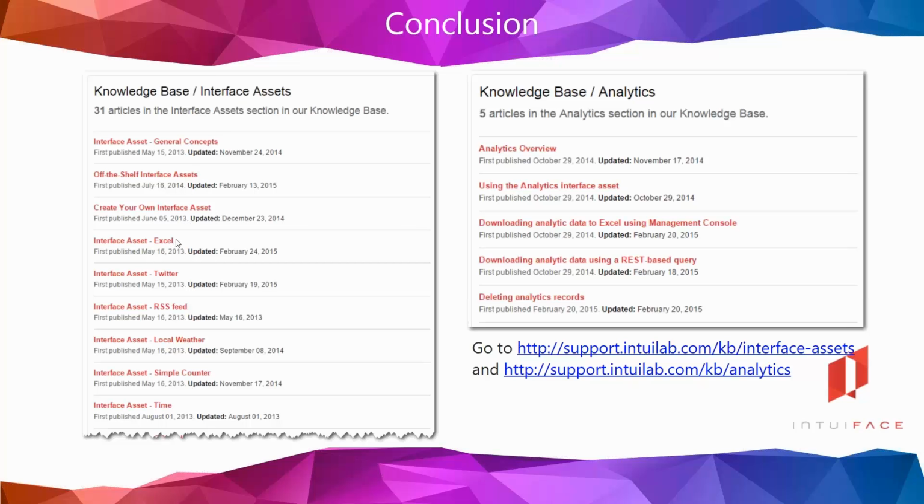We have 1 article per interface asset available. Regarding the analytics, you have a main article with the overview about the analytics and then how to use the interface asset itself, as I did today, calling the report interaction action, and then how to download the different analytics, either using the Excel file from the management console or using the web service I mentioned. And all the links are here.